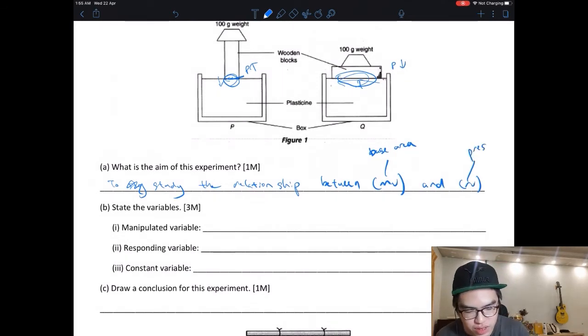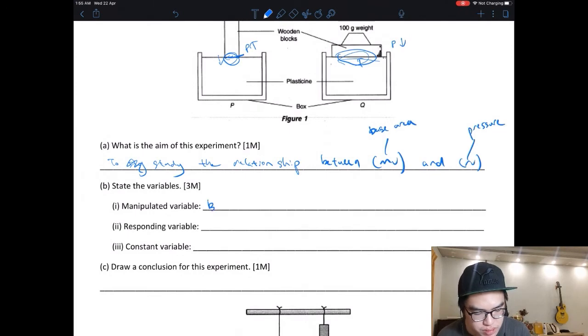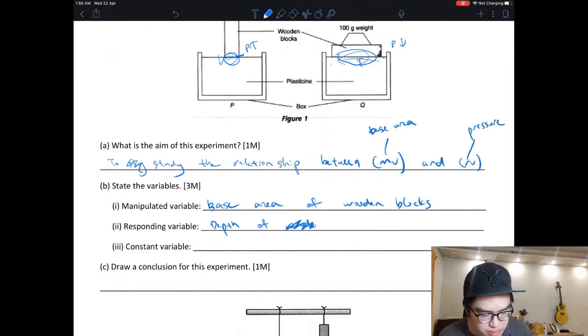So what's my MV here? MV is my base area of wooden blocks. Responding is the depth of plasticine, sorry, because I want to see how deep is the plasticine. What don't I change?